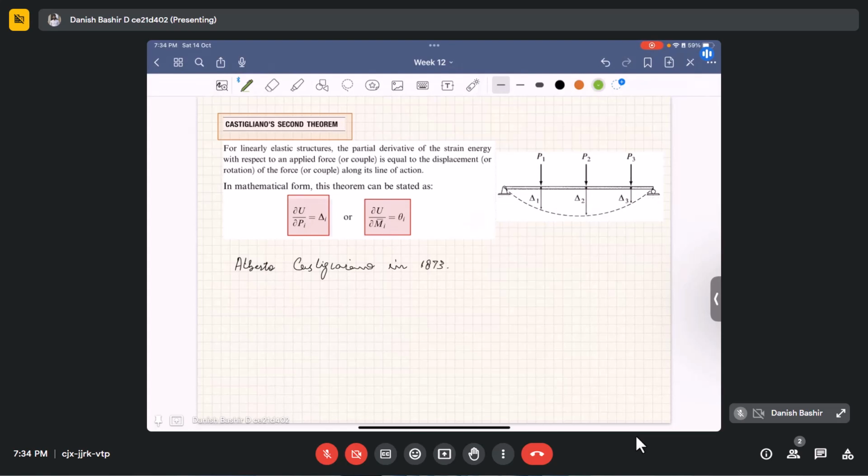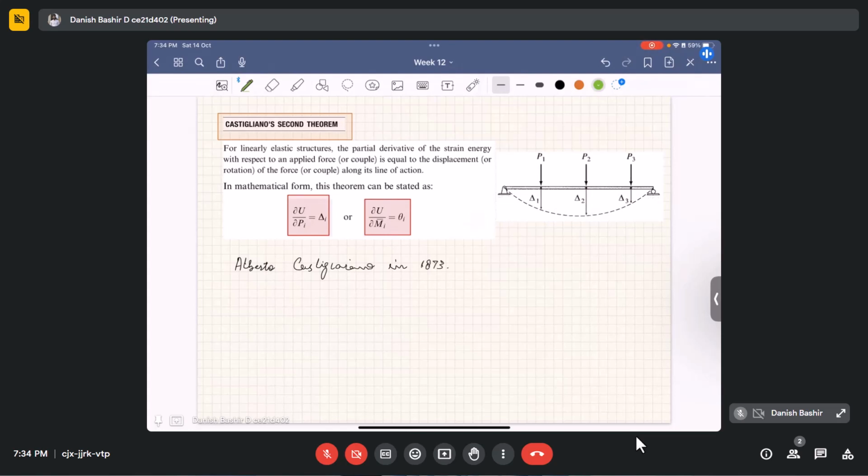In simpler words, if we have a structure deforming within elastic limits, that is, loading is proportional to the deflection caused, and we compute the strain energy of our structure and take the partial derivative of that strain energy with respect to a particular load, we will get the deflection in the structure at the point where the load was acting, and that deflection will be in the direction of the acting load.